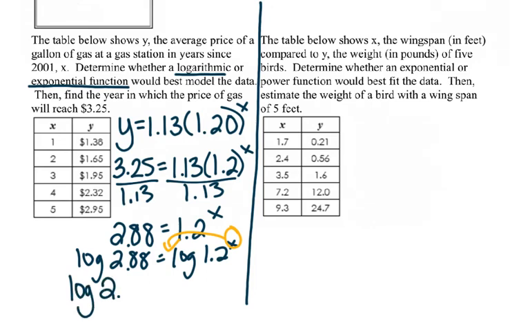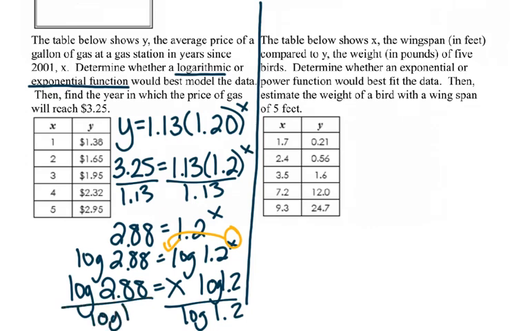So I have log 2.88 equals x times log 1.2. So then the last thing I'm going to do is divide both sides by log 1.2. So for this one, I get x is 5.6. And we are talking about years, so I would say year 2007.